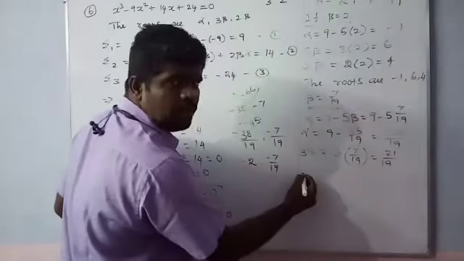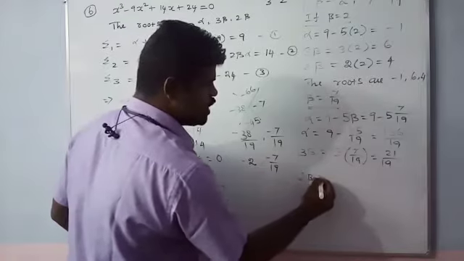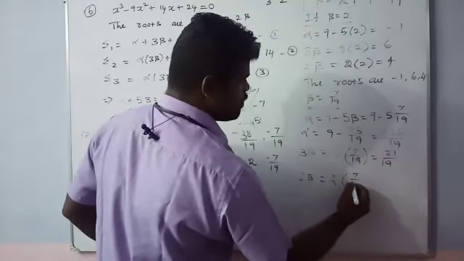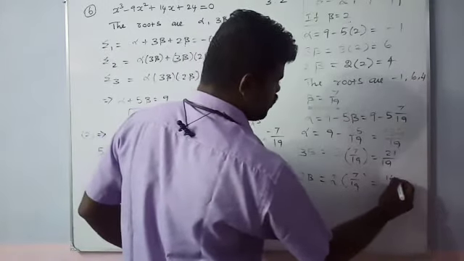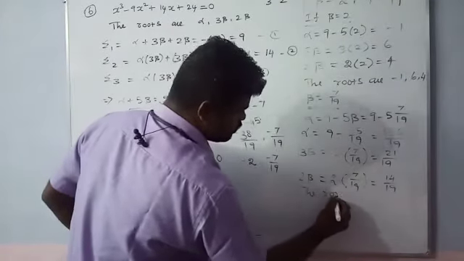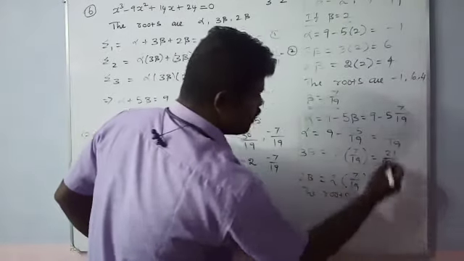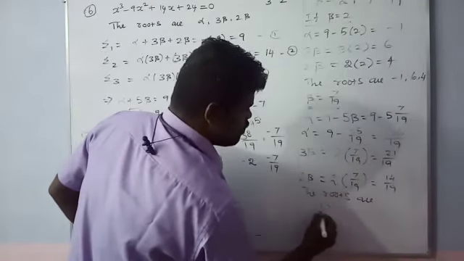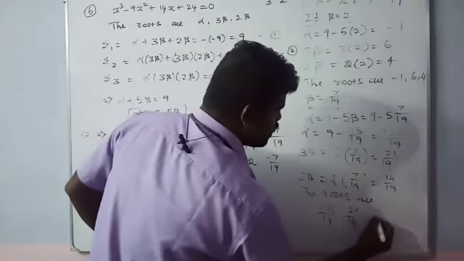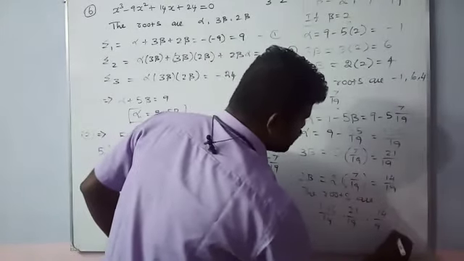And 2 beta is equal to 2 into 7 by 19, which is equal to 14 by 19. The roots are 136 by 19, comma 21 by 19, comma 14 by 19.